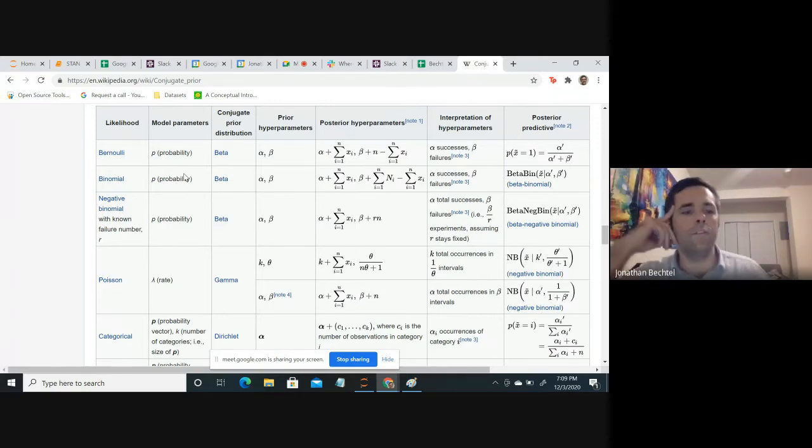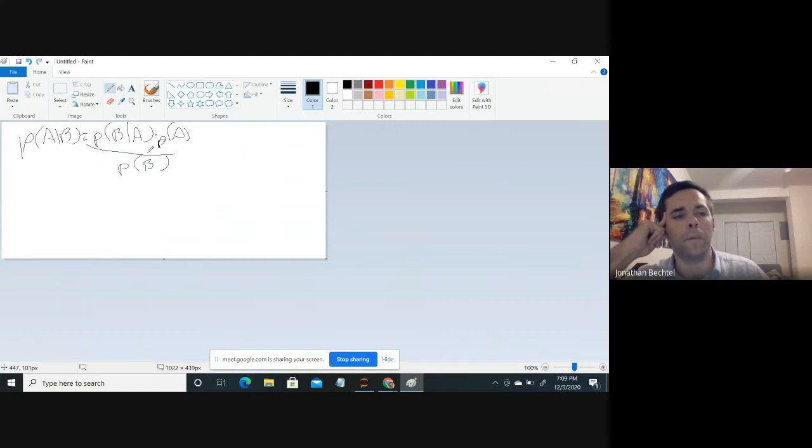Okay. So this is the complete list of different types of distributional assumptions, which will give this expression a precise answer.